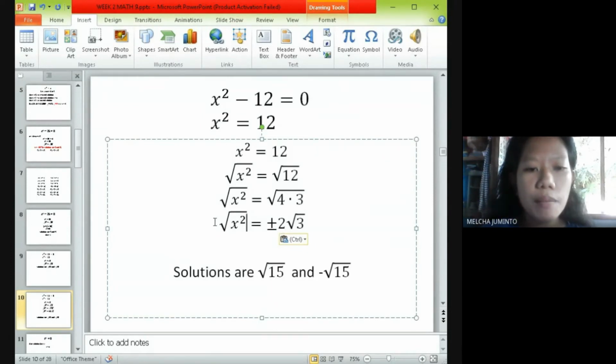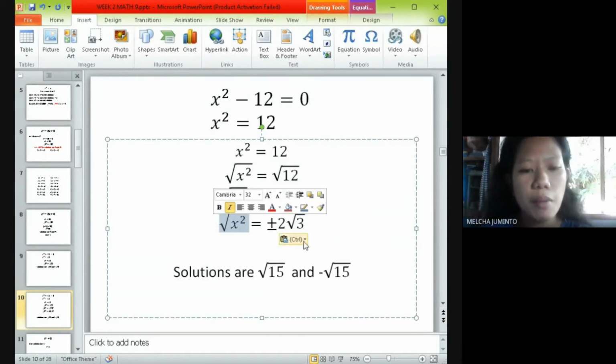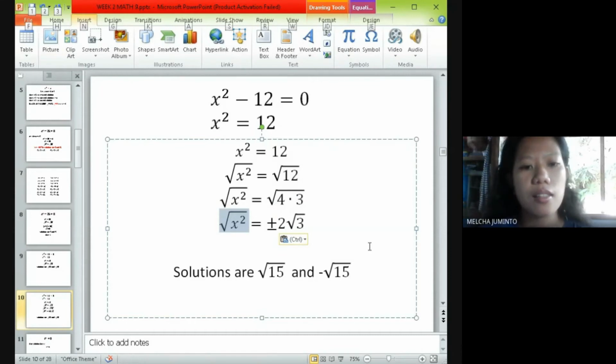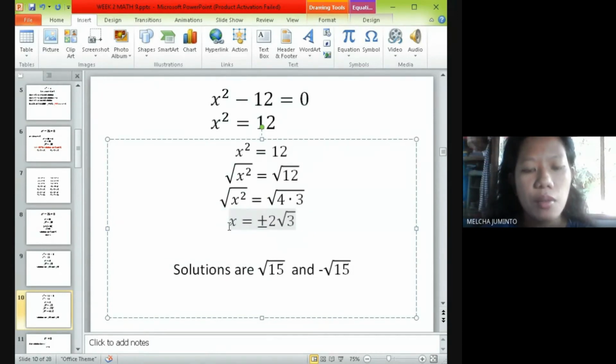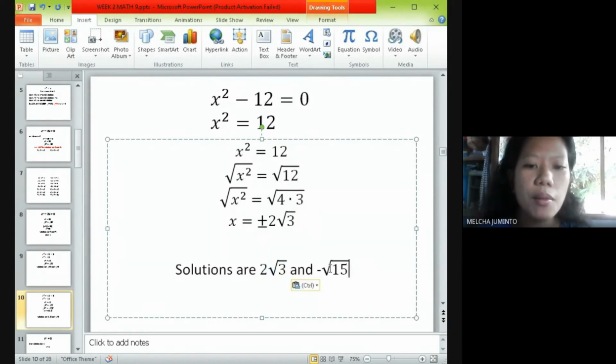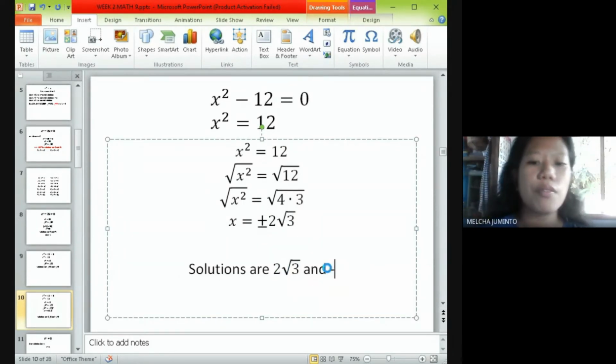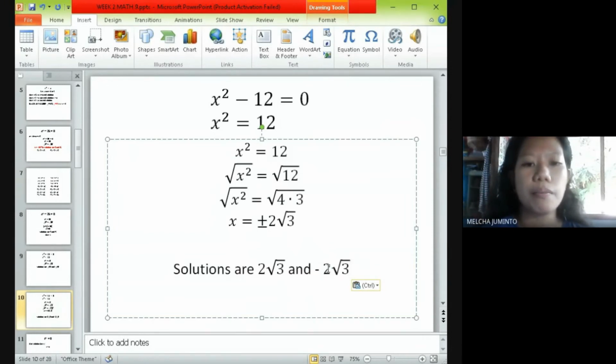By the way, this one can be simplified as x. So the square root of x squared is equivalent to x. Therefore, we have the answers positive and negative 2 the square root of 3. So if we write now the solutions, the first solution is 2 the square root of 3, while the other solution is negative 2 the square root of 3.